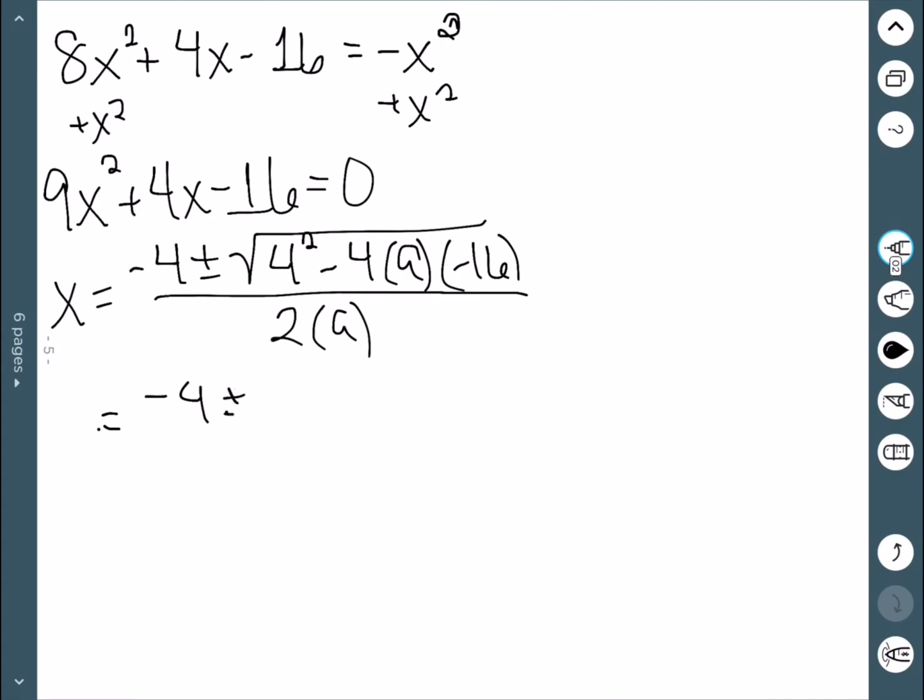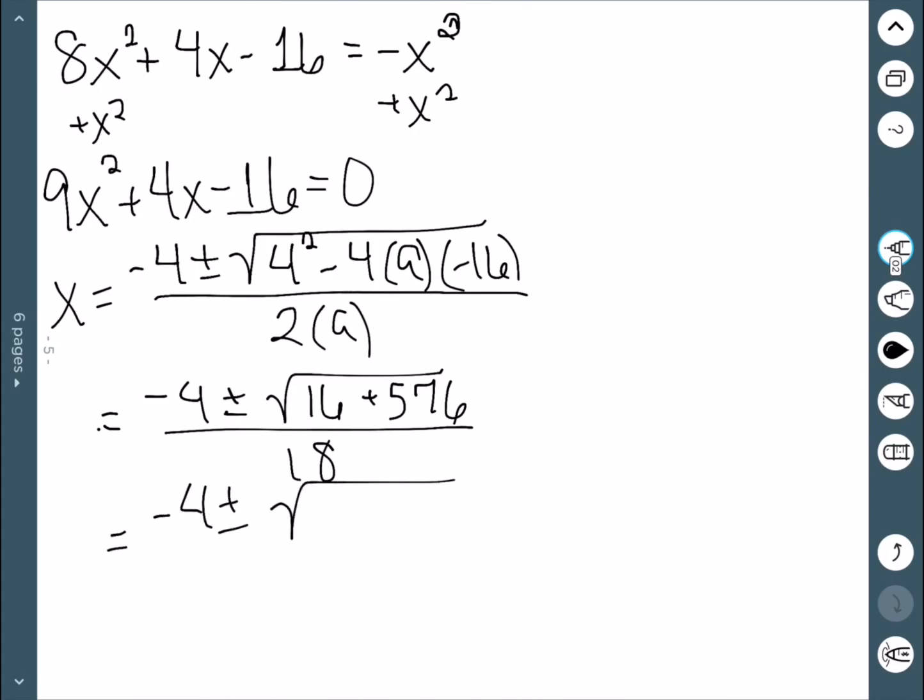4 squared is going to be 16. And then we have negative 4 times 9 times negative 16, which gives us 576. Divided by 2 times 9, which is 18.